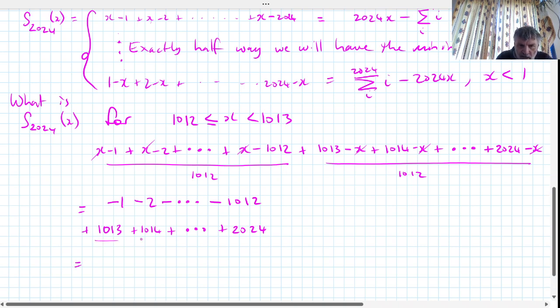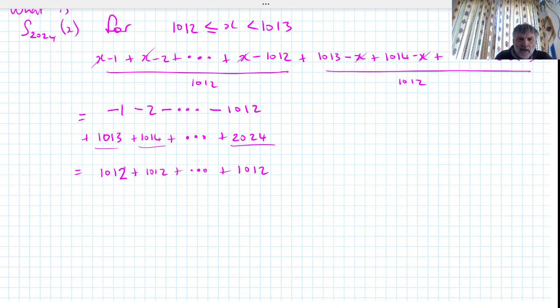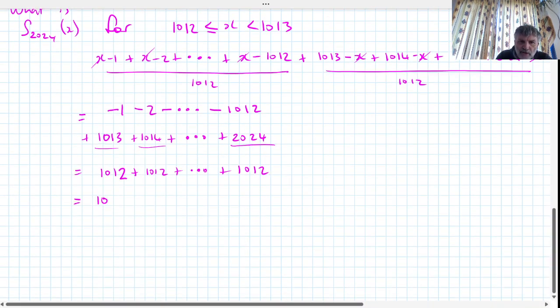And if I add these up pairwise, all of them equal 1012 plus 1012 plus ... plus 1012. How many are there? There's 1012 of them, so this is equal to 1012 all squared.